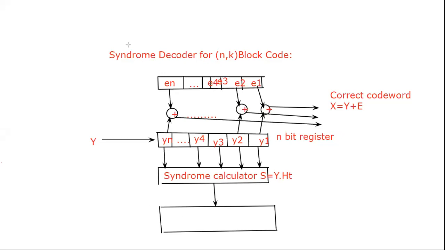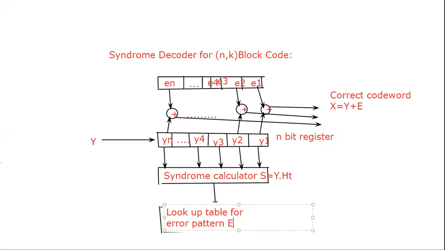So that's why here you have to go for a lookup table for error pattern E. So syndrome calculator with the help of the Y. Now after getting the syndrome, you have to look at the H transpose matrix for writing the error pattern. So that's why lookup table for error pattern. Now you have to go for the error table or error vector.